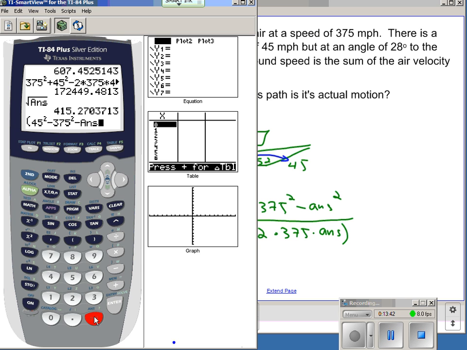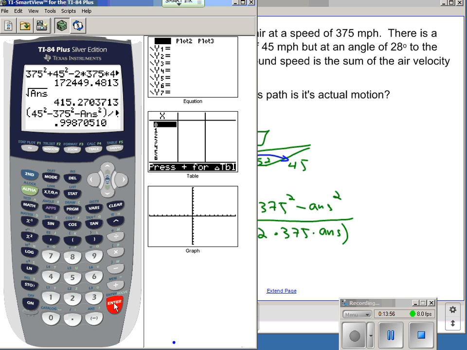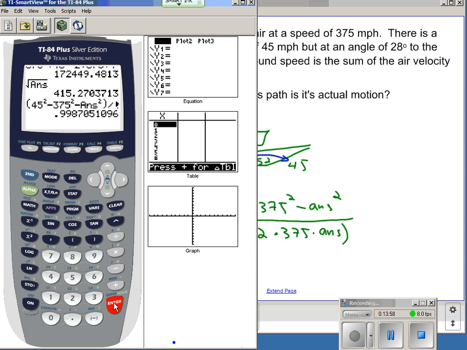I'm going to take my answer squared, take that whole top and divide by the entire bottom in one piece. And I get this answer, 0.998, which seems extremely small for an angle, but we have to remember that is not the angle, that is the cosine of the angle. So my last step is to inverse cosine that.